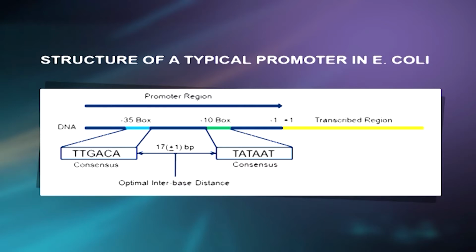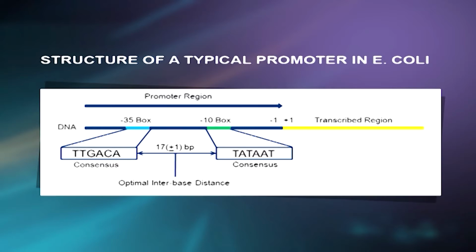The nucleotide sequences that are present in the conserved genetic elements most often are called consensus sequences. The -10 consensus sequence in the non-template strand is TATAAT. The -35 consensus sequence is TTGACA.